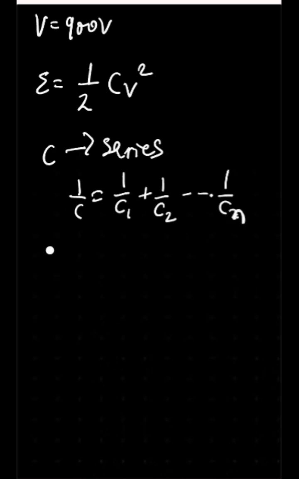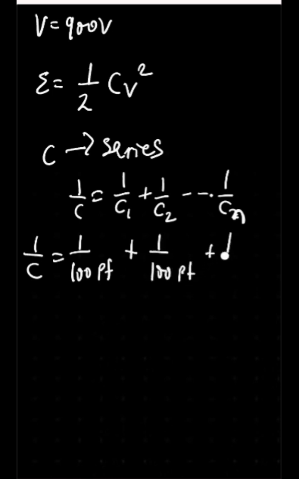So here, 1 over C is 1 over 100 pF plus 1 over 100 pF plus 1 over 100 pF. Everything depends on your mathematics techniques. Since everything is the same, what I will do will only work when they are the same. If they are not the same, you just use your normal LCM method. Or why not just press the calculator? Okay, let me just write.